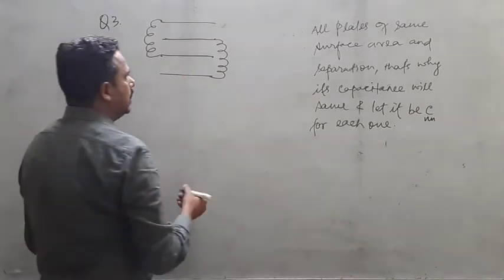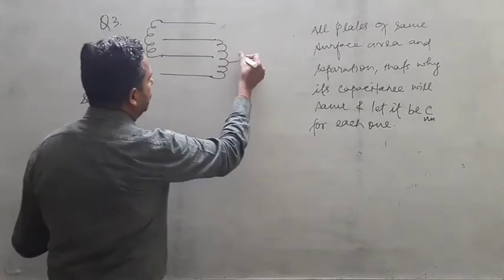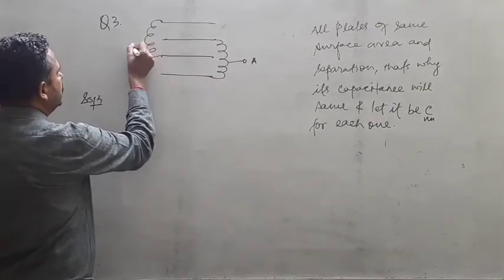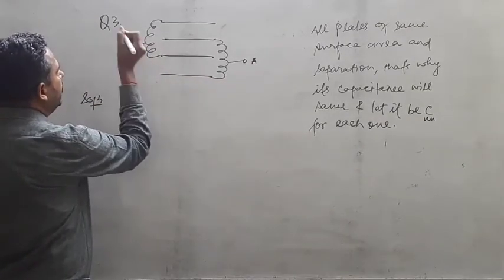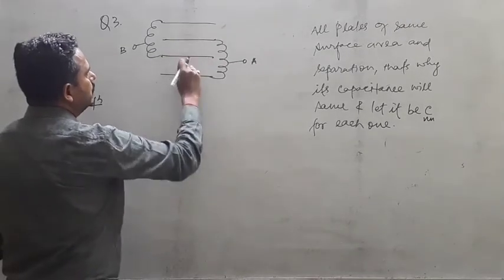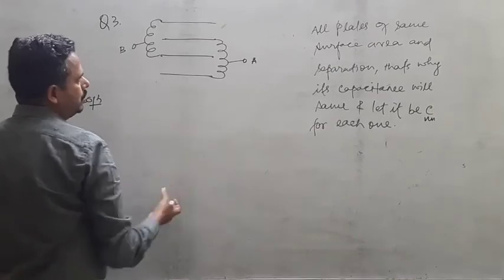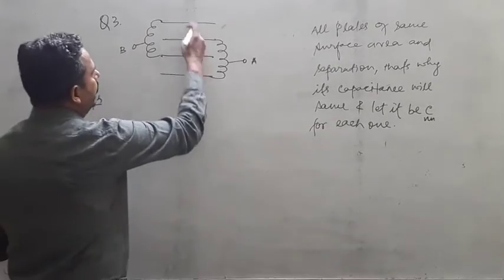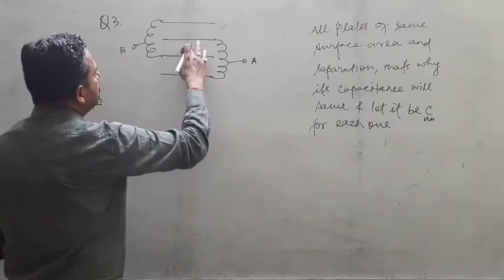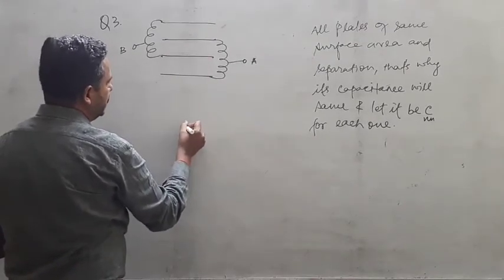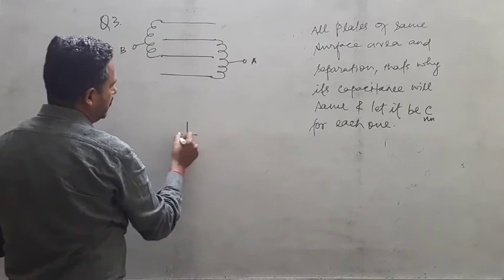Suppose this one is terminal A and this is terminal B, whereas you have three capacitors 1, 2, 3. Now draw an equivalent diagram of the circuit. You see that there is one capacitor, so take that there is one capacitor.